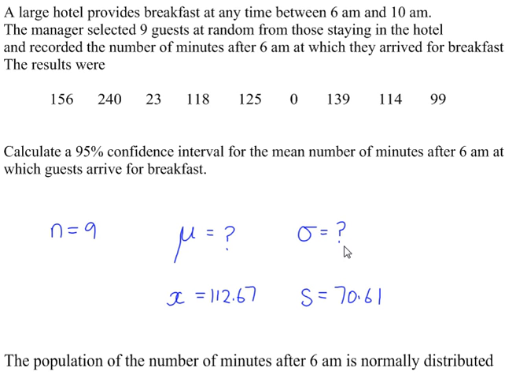And the population standard deviation must be unknown, and the sample size must be small. If these conditions are met, then the t distribution would be appropriate. We're using the t distribution and not the normal distribution because the t distribution takes care of the uncertainty in this value because it came from a small sample.